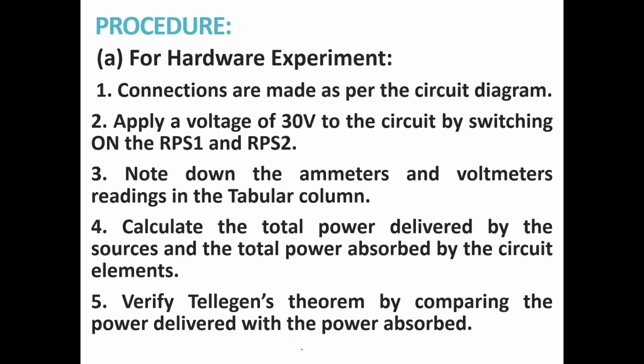There are two sources delivering the power, and the sum of powers delivered by these two sources must be equal to the sum of the powers absorbed by all the elements in the given circuit. So this is the procedure. You can pause the video and copy it down in your observation or record.